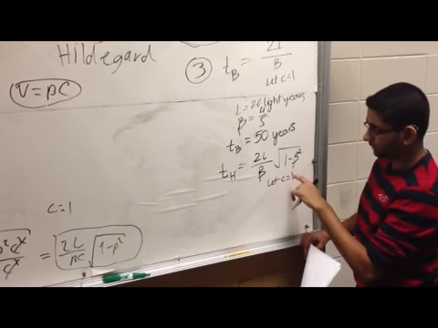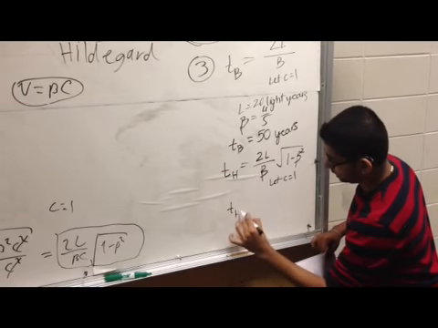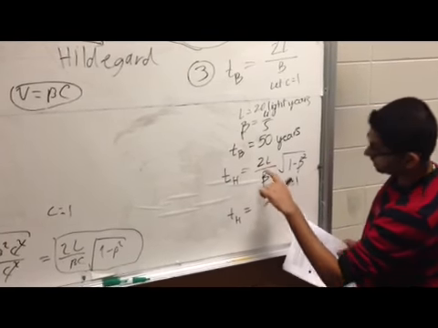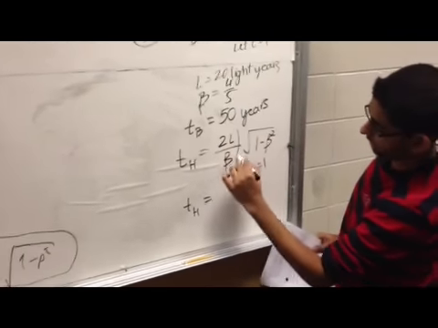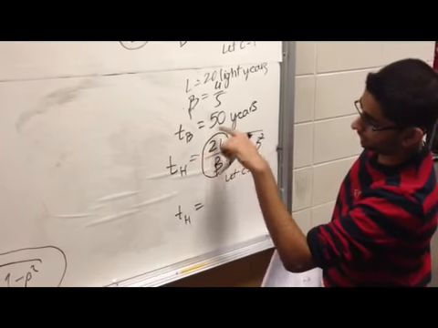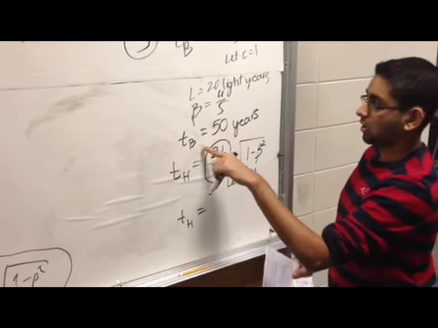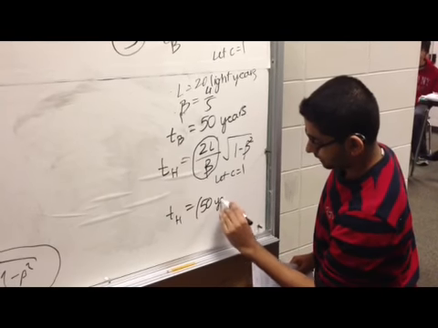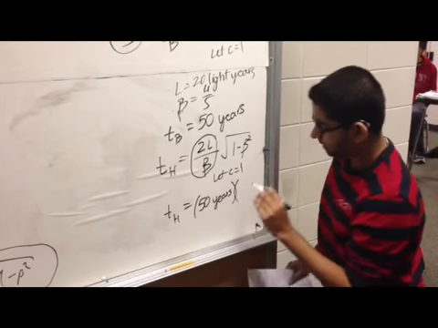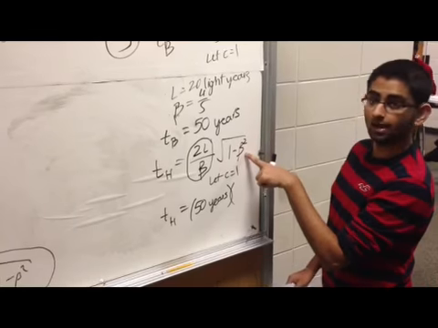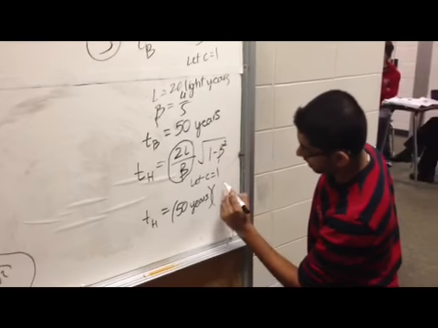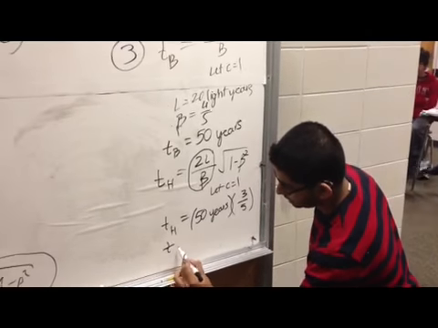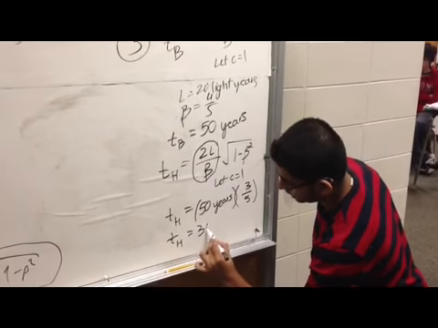If we plug it in, this first part is basically the answer from the time of Brunhilde, so this is 50 years times the square root of 1 minus beta squared. If we plug in beta and simplify, this comes out to 3/5. So the time that Hildegard experiences is 30 years.